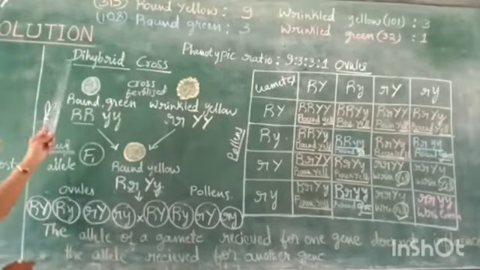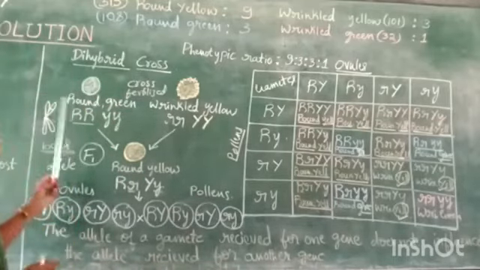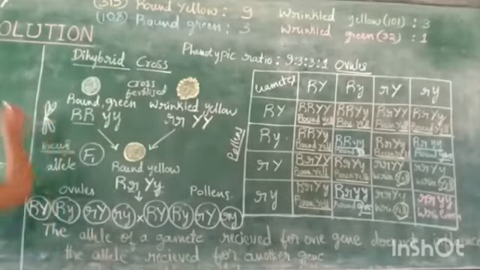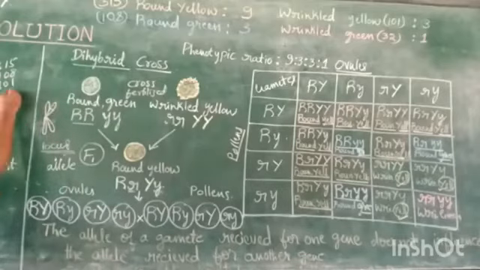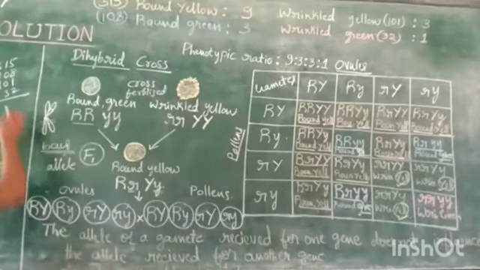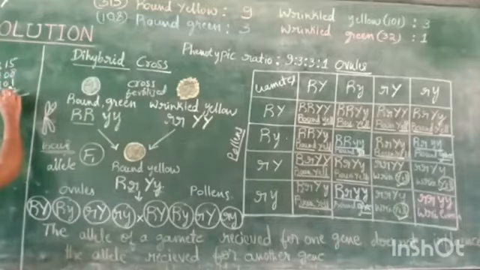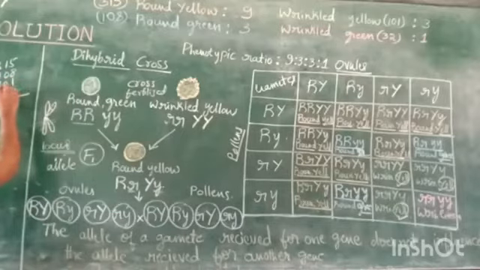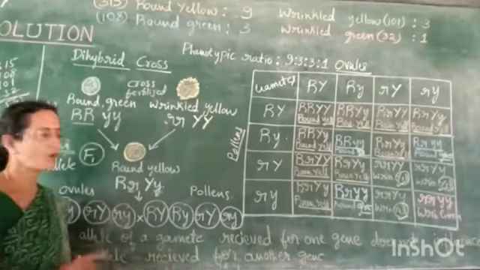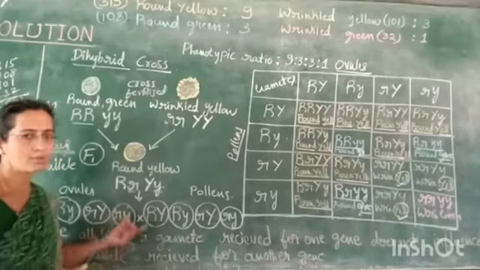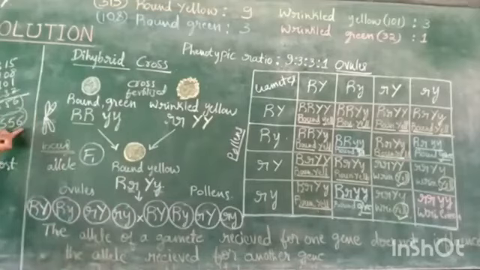Here when I consider the number of seeds, 315, 108, 101 and 32, when I add all these, he got 556 seeds. So when he self-pollinated this round yellow colored plant, he obtained nearly 556 seeds.